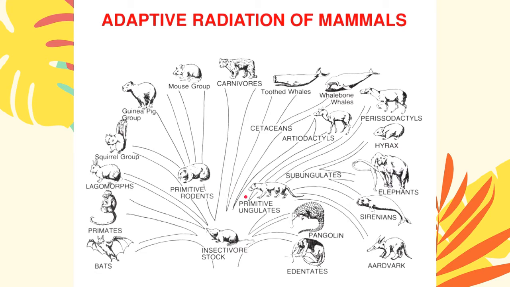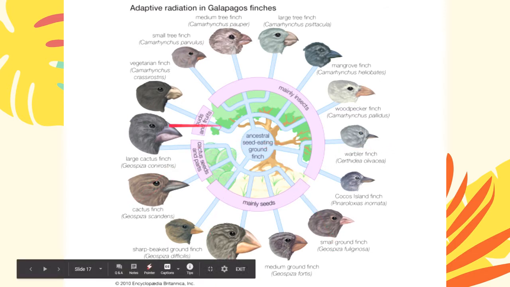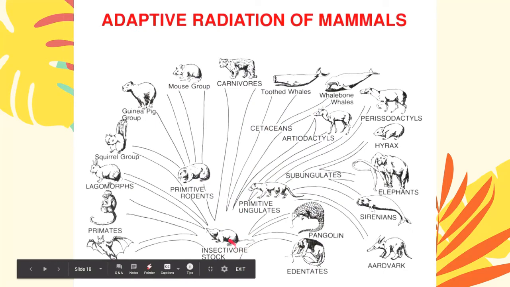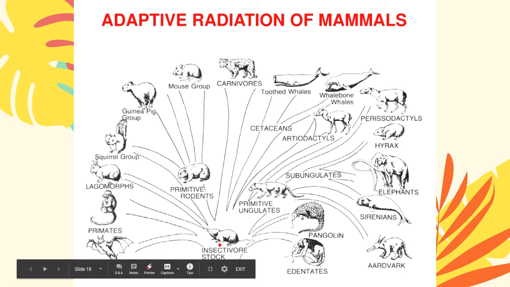They radiate from their ancestor into different smaller species, smaller groups, to become better suited to their environment. Same with mammals. All mammals share a common ancestor, a small insectivore. That was our ancestor, but due to the pressures of the environment, from that small insectivore we had our primates here, our squirrel group here.